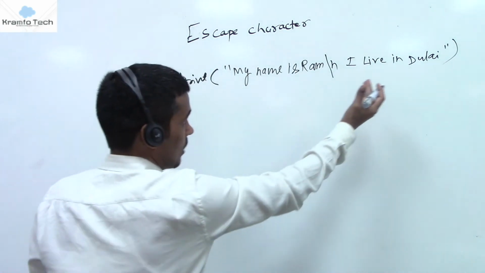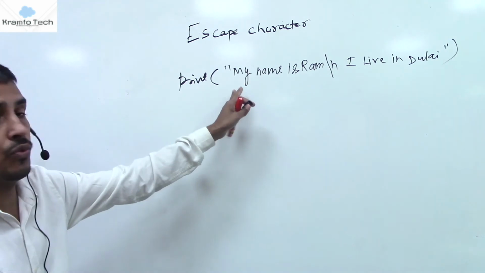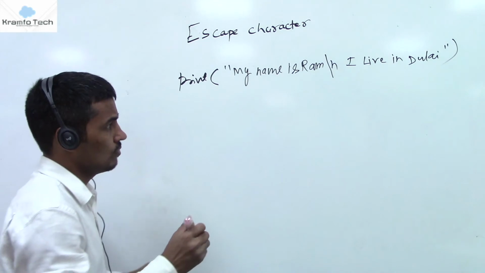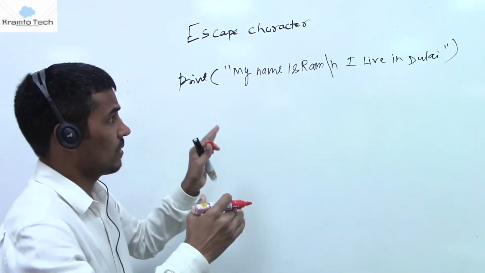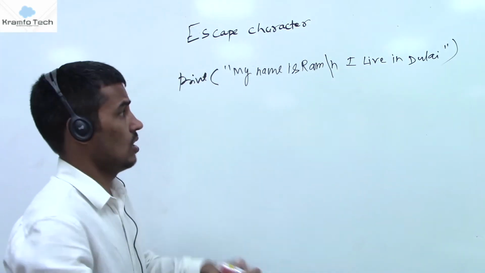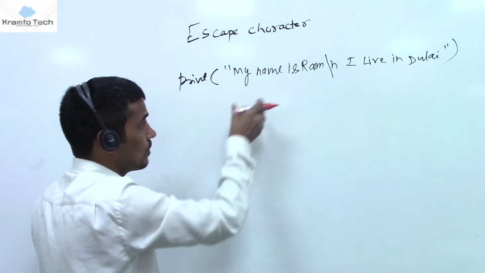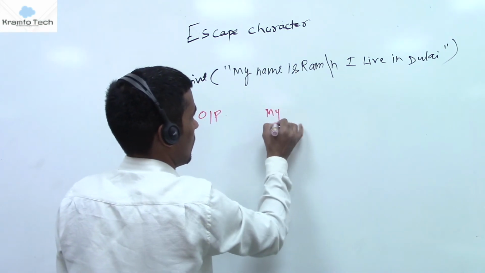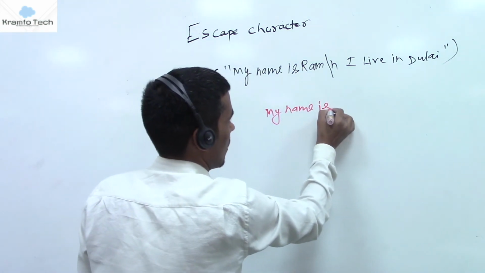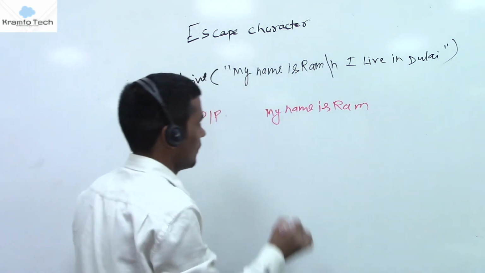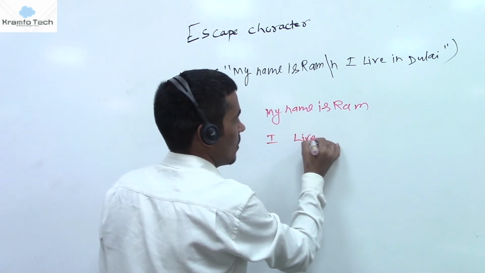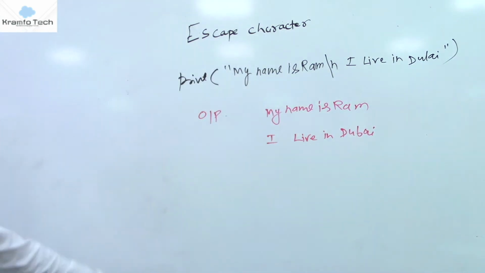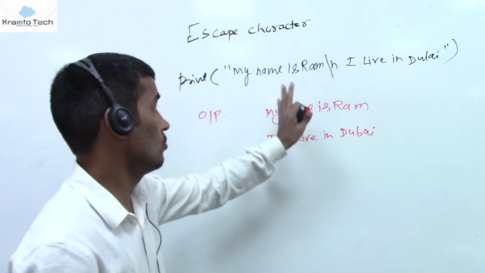The print function will automatically print on the new line. This escape character helps us get the correct output instead of writing two print functions. So the output will be: My name is Ram, and in the new line you will get I live in Dubai. I hope I was able to make you understand this escape character.